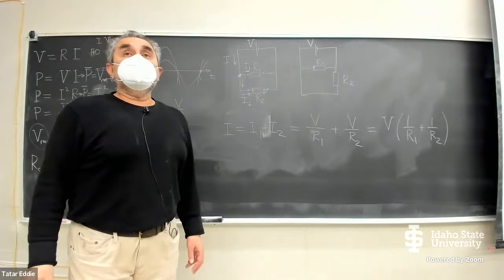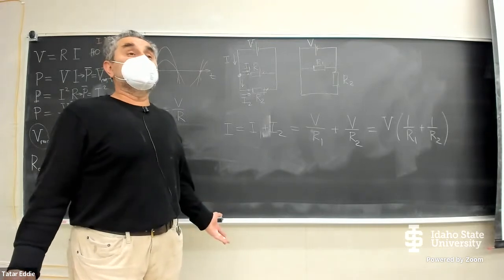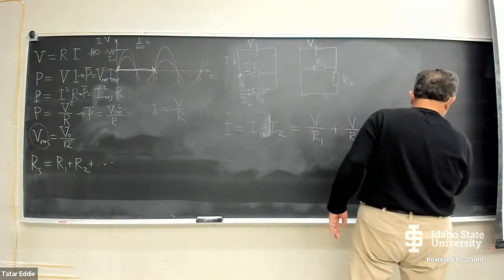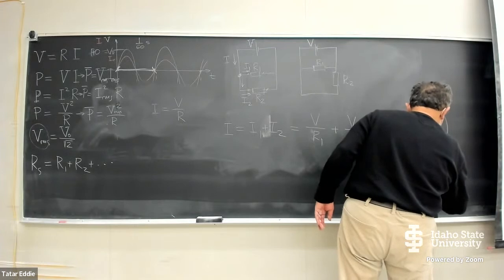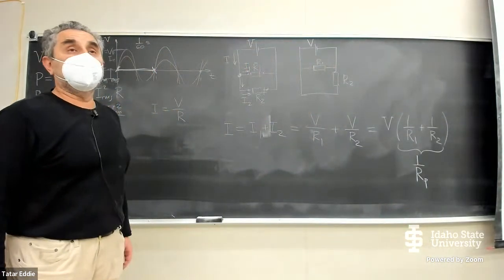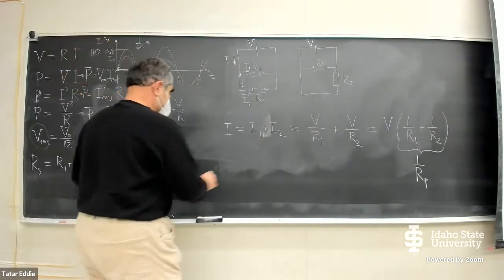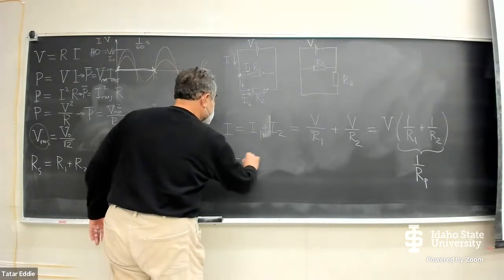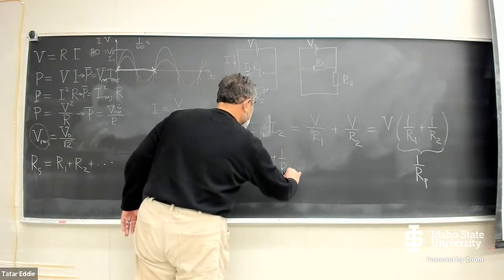The expression in the brackets has dimension of inverse resistance. And we call that expression the inverse of resistance connected in parallel, 1 over RP. P stands for parallel. In other words, we say that the inverse of RP is equal to the sum of the inverse of R1 and the inverse of R2.